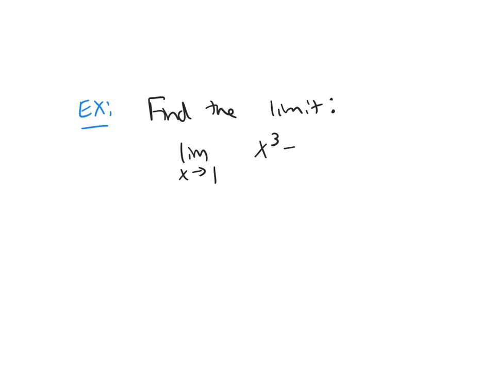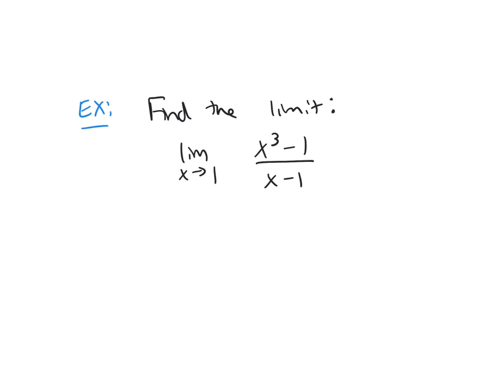Let's return to limits of rational functions, and let's look at the following example. I want us to find the limit as x goes to 1 of x cubed minus 1 over x minus 1.